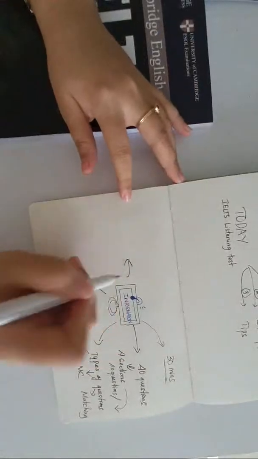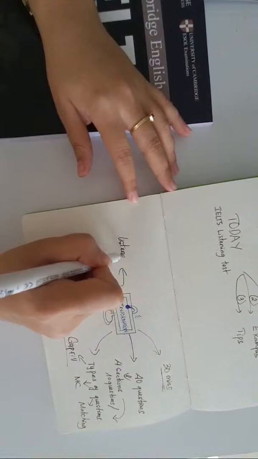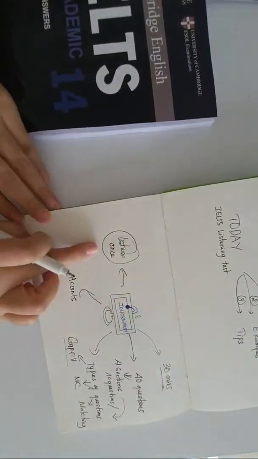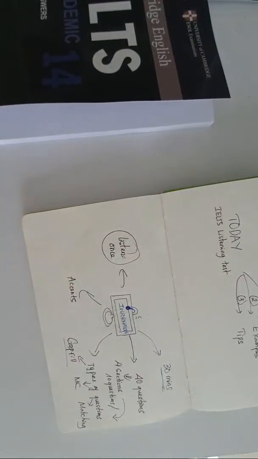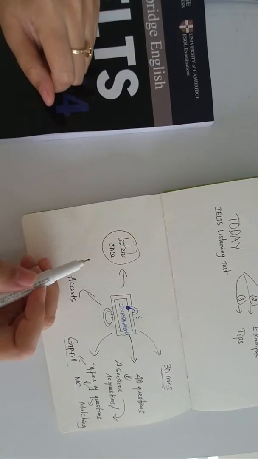And maybe one more thing. Okay, this one is really important. So you only hear the recording once, okay? So for example, if you miss the answer, then you can't hear it again.